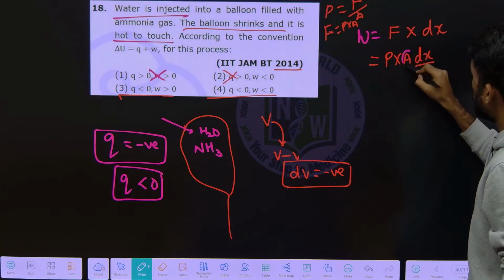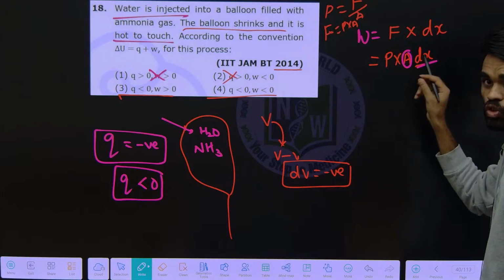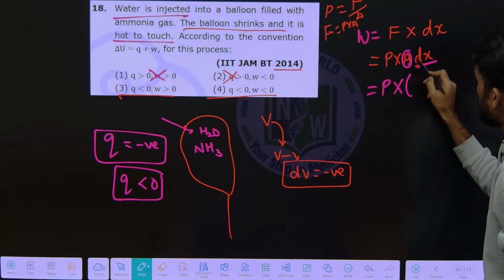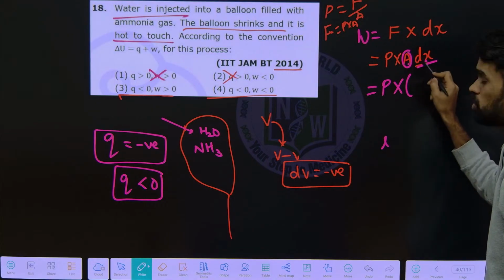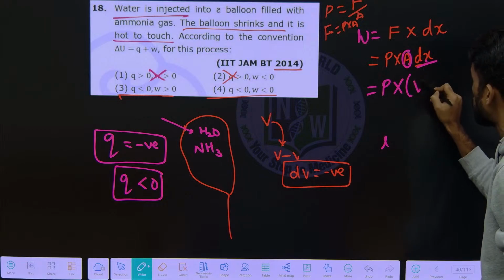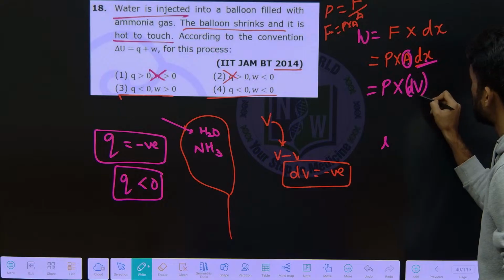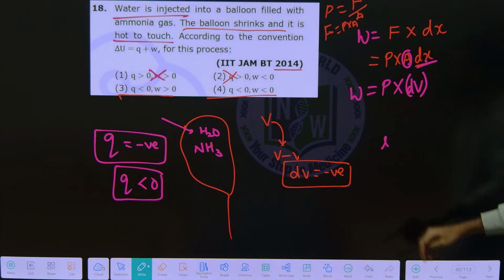So area into length becomes L into L into L, that is L cube, nothing but volume. So volume changes here. So mechanical work W equals P dV.